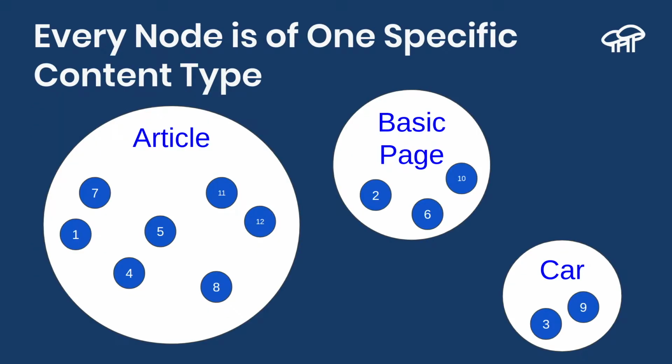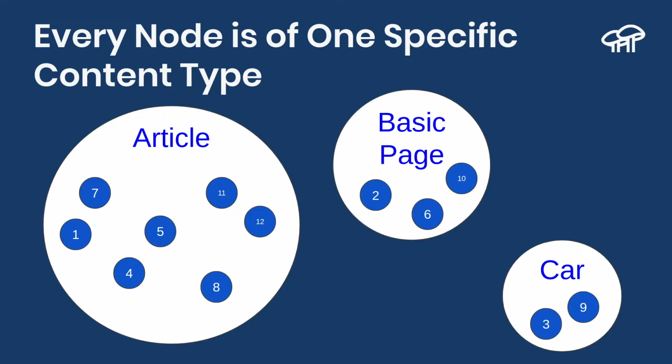One important relationship between nodes and content type is that every node is of one and only one content type. So you can have one node that is of type article, one node that is of type basic page, one node that is of type car. The node always needs to have a content type associated with it. And the content type itself usually is going to have more than one node.